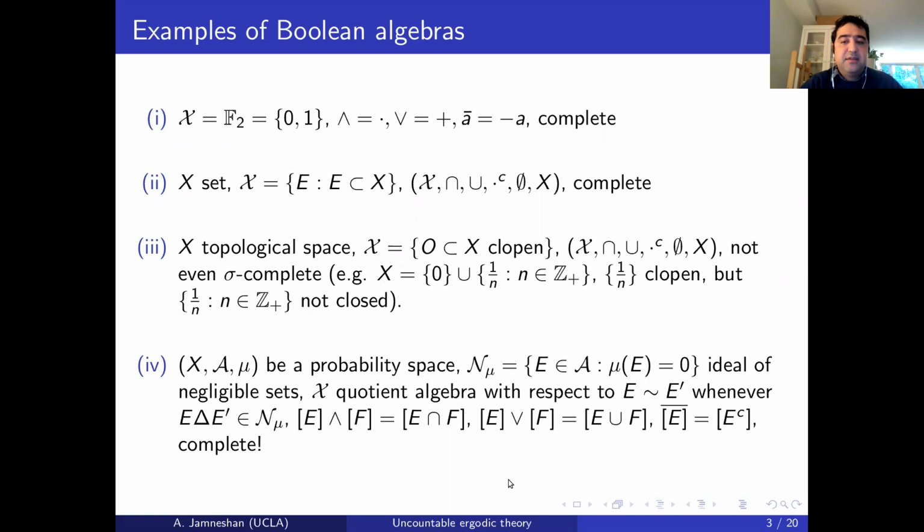That just means that any subset of a null set is a null set, and the union of countably many null sets is null. What we can do is quotient the sigma algebra by this ideal. The way it works is that we identify two elements in A whenever their symmetric difference is a null set.